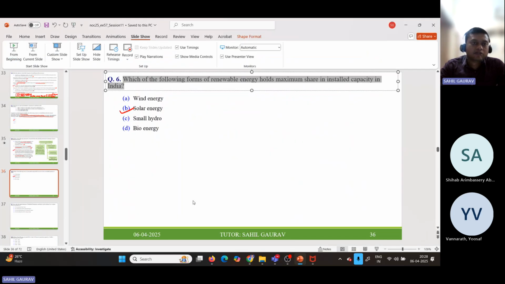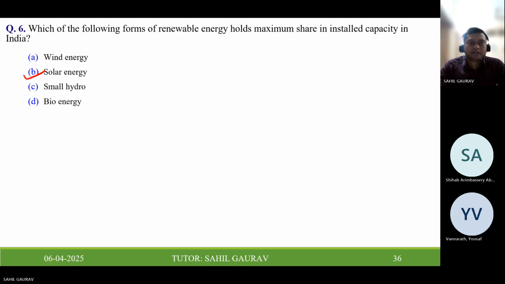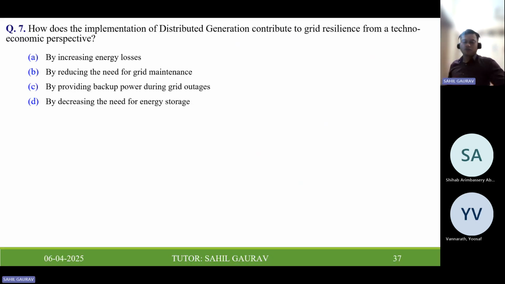Anyway, come to the next problem. How does the implementation of distributed generation contribute to grid resilience from a techno-economic perspective?